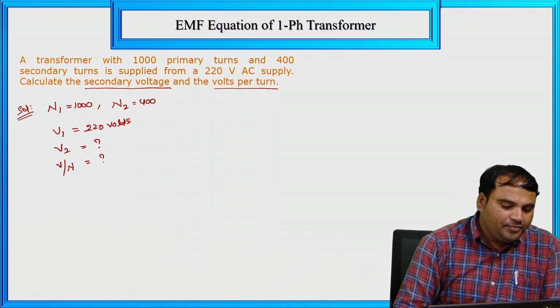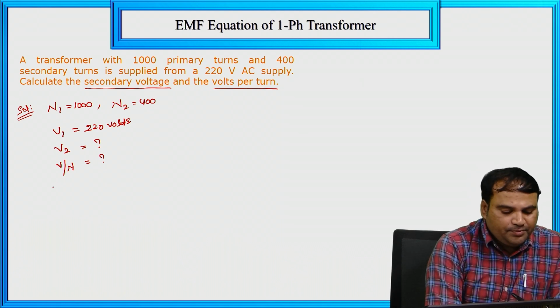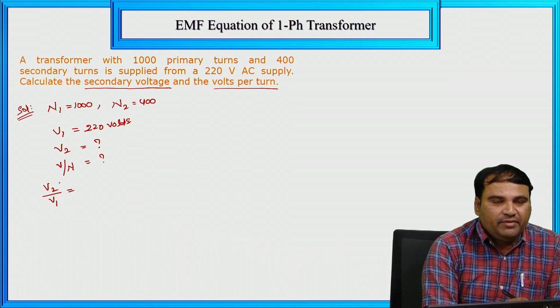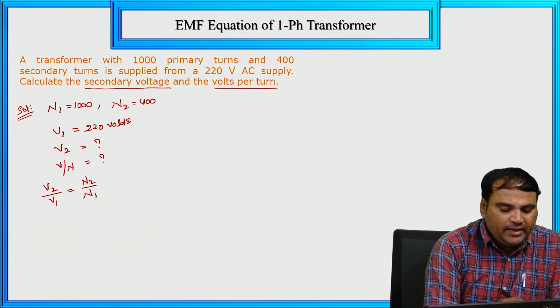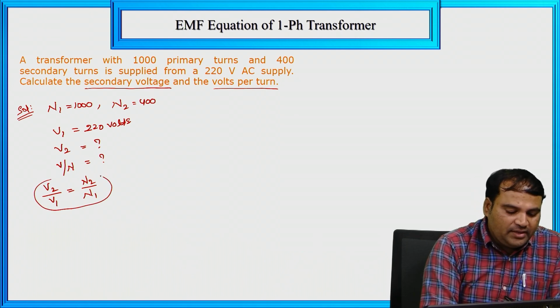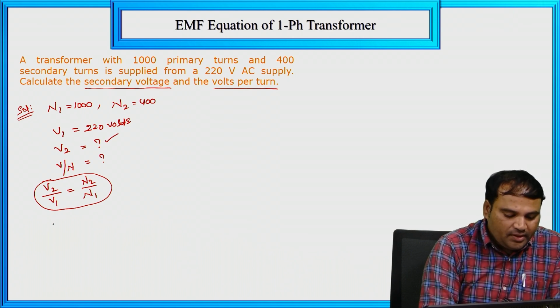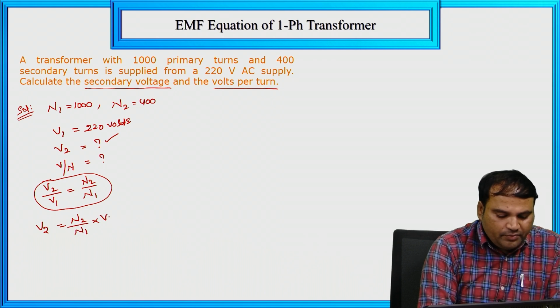So the secondary voltage. Already we know the transformation ratio, V2 by V1 in terms of voltage. V2 by V1 is equal to, in terms of number of turns, N2 by N1, right? Now by using this equation, we have to calculate the secondary voltage, that is V2, where V2 equal to N2 by N1 into V1.